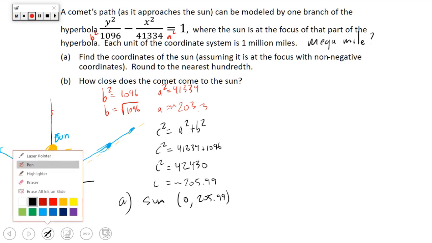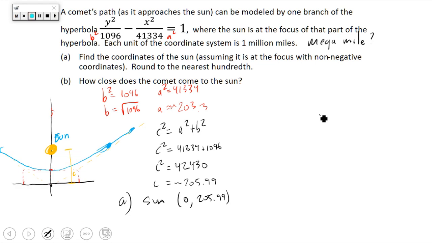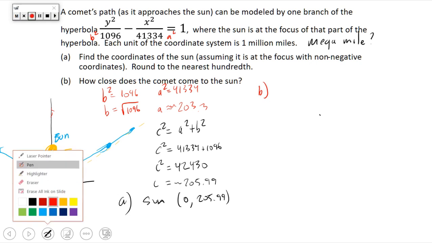B says how close does the comet come to the sun. So B is looking for this distance right here, because at this point the comet is going to be closest to the sun. We know this distance right here is b, and this distance right here is c. This is confusing because now I have a bunch of different letters.